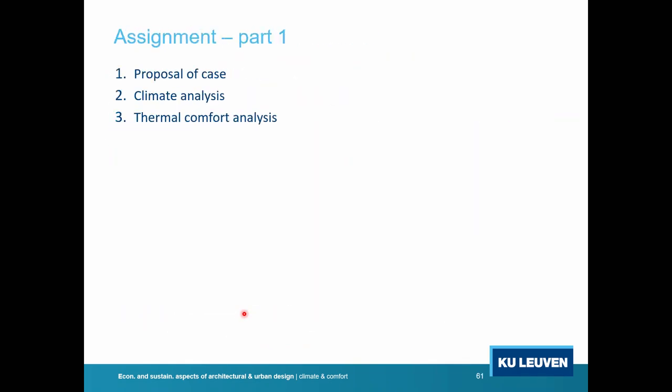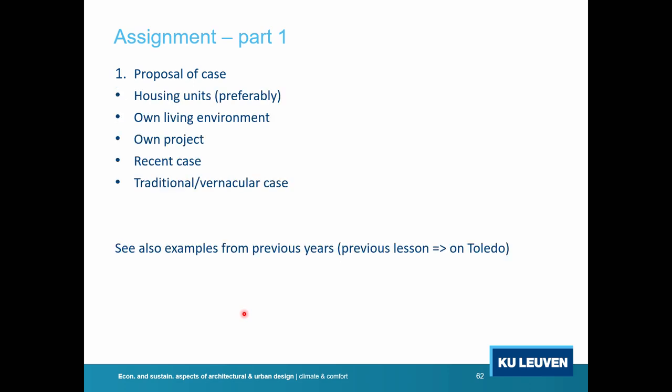So you make your choice of your case. You look for a weather station that is well representing your case. You look for the data for the weather analysis, the climate analysis, and then for the thermal comfort analysis based on monthly data. So for the case, let me repeat it, it should be a housing unit, a residential building, typically in the country you're used to living in.